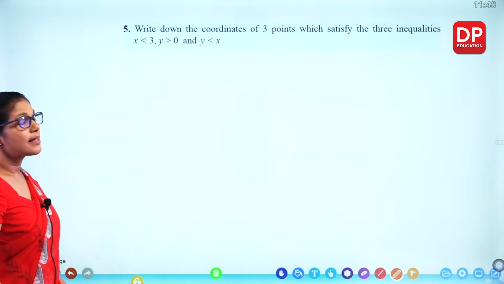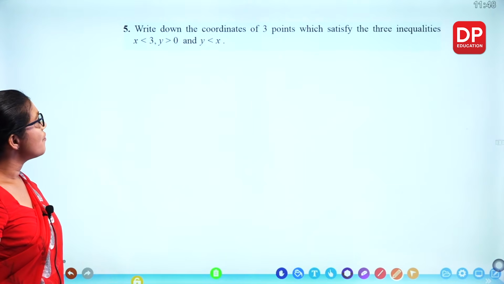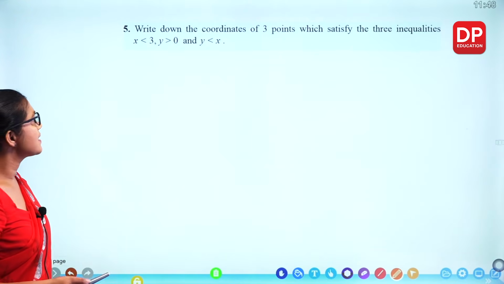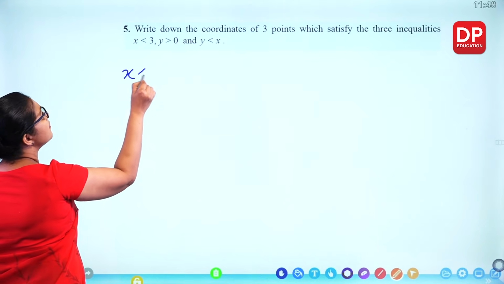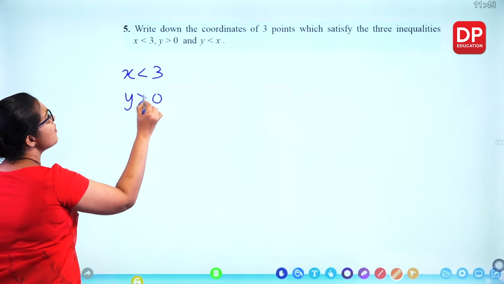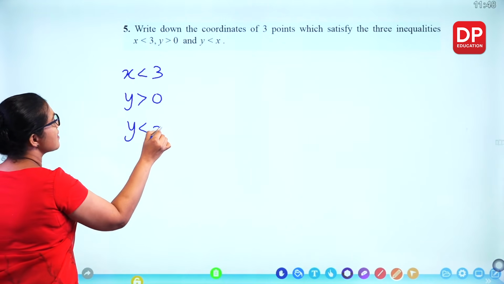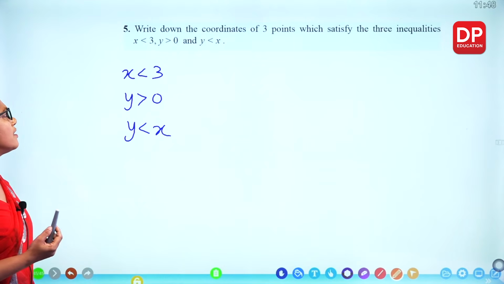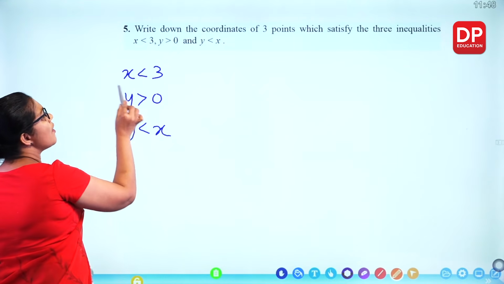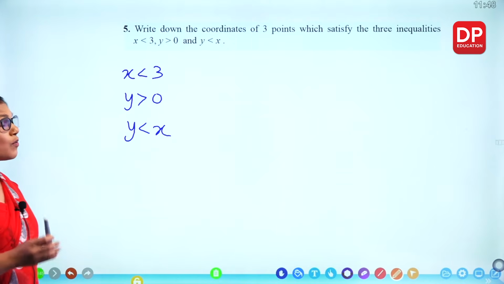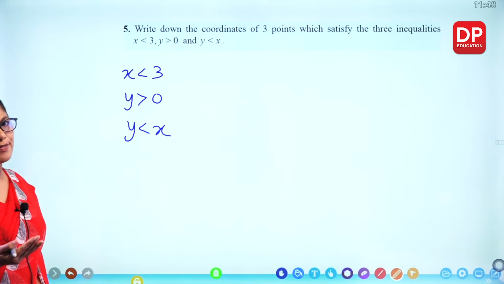Now we'll take the fifth question. Write down the coordinates of 3 points which satisfy the 3 inequalities. So here it says x less than 3, y greater than 0, y less than x. So here we'll first see what it means. X less than 3 means x cannot be equal to 3 but any value less than 3.